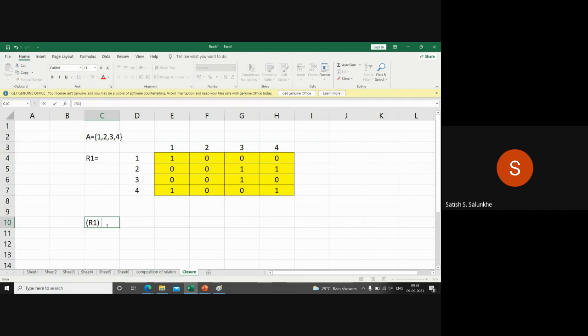Where is the dash here? Just writing it for your understanding. This is closure. So basically, you have a subscript, superscript R instead of the dash. That R indicates it is reflexive closure. So what operation should I do on R1 so that I am 100% sure that whatever R1 dash I am writing, it will be reflexive?